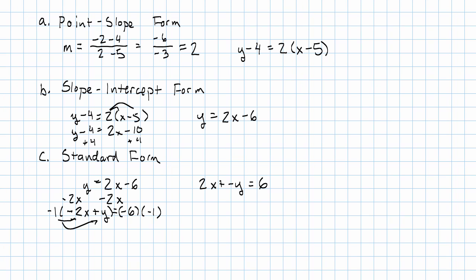I'm following rule 3, the coefficient of x is positive. And I'm following rule 4, because the coefficient of y is just a negative 1. That hasn't got any interesting factors. As my last step, I might write 2x minus y instead of plus negative y equals 6. And there's my standard form.